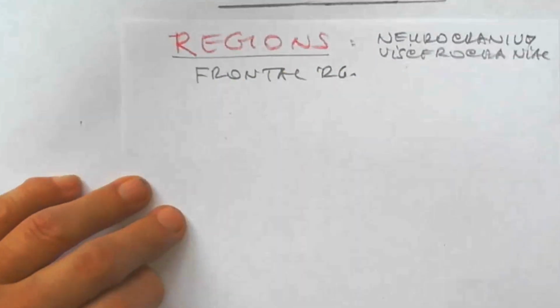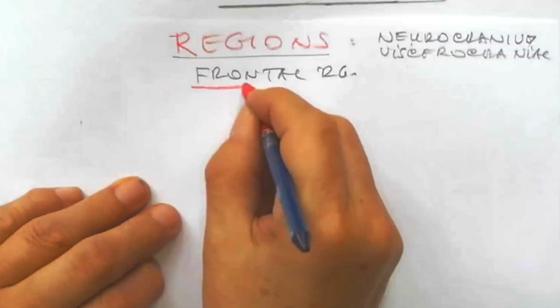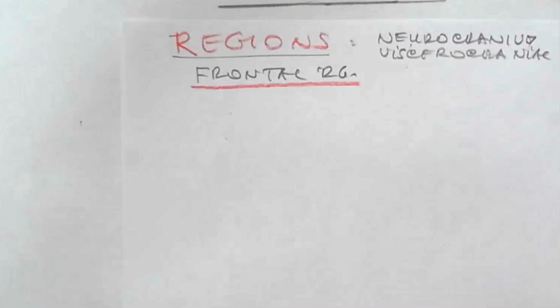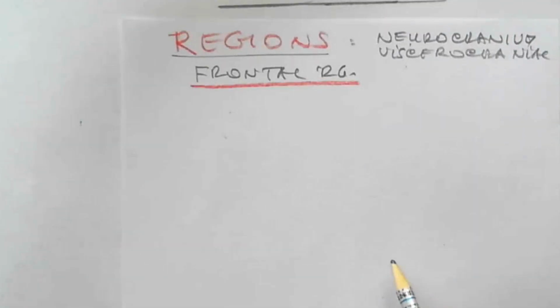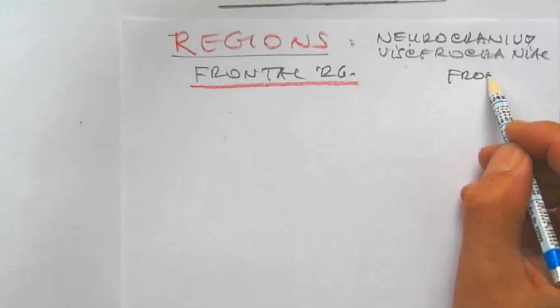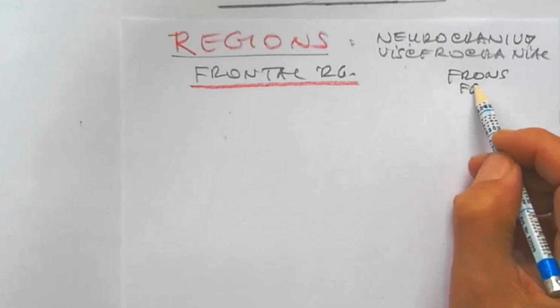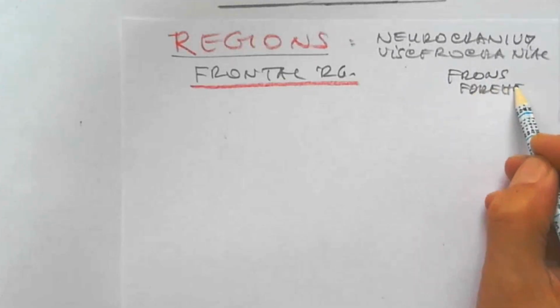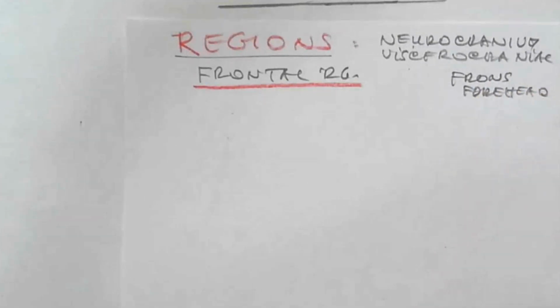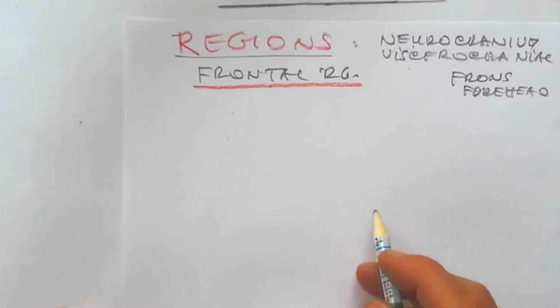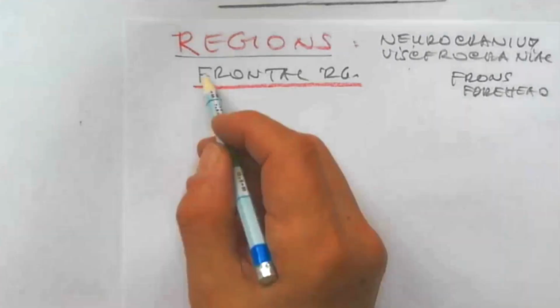Frontal region is the region which in fact corresponds with the frons. Frons is the forehead, and the forehead has the bony parts of the frontal bone, of course, the superior margin of the orbits.